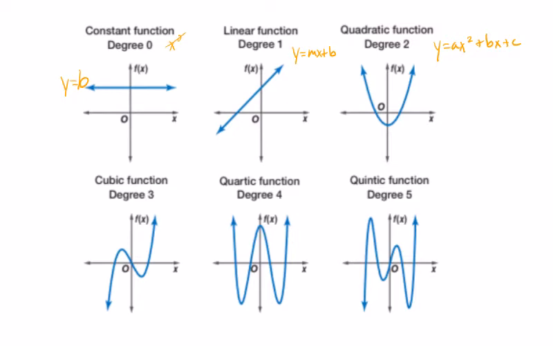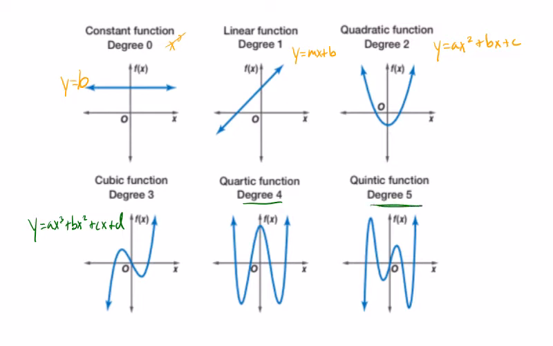That's where we have y equals ax cubed plus bx squared plus cx plus d. And so notice how it goes up on one side, down on the other, right? Okay, then you have a quartic. I'm not going to draw it out, but you can imagine it would be ax to the 4th plus bx cubed plus cx squared plus dx plus e.